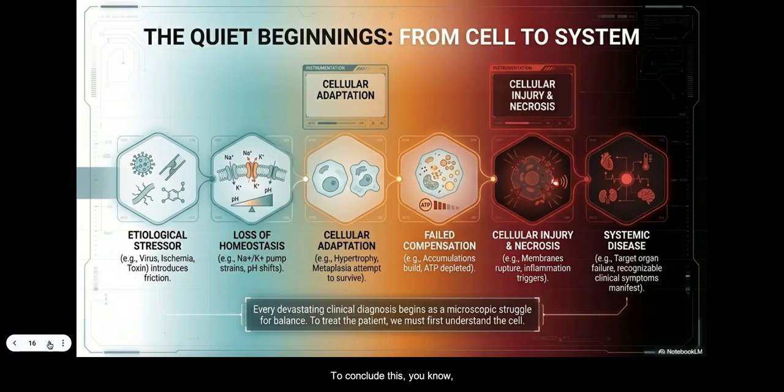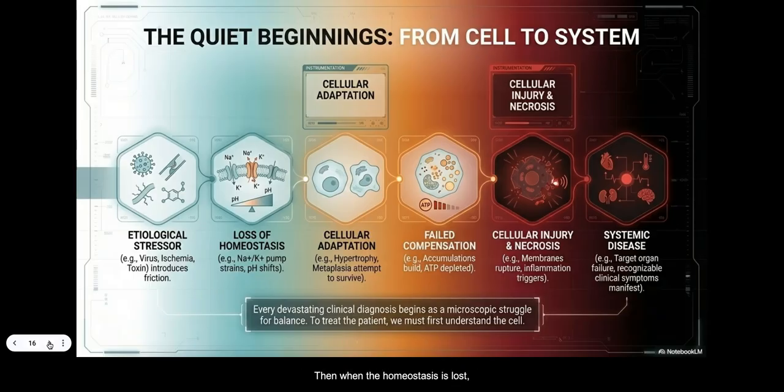To conclude this lecture, remember that every devastating clinical diagnosis begins as a microscopic struggle for balance. Remember, homeostasis. It starts with an etiological stressor that causes the loss of homeostasis. And we did talk about the different types of stressors, that list of the causes for cell death.